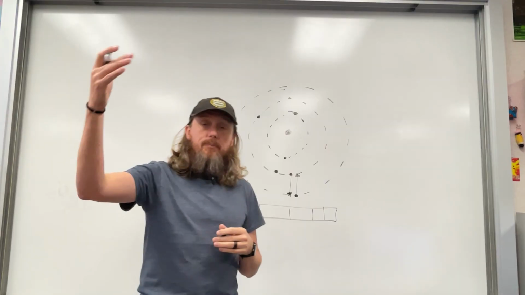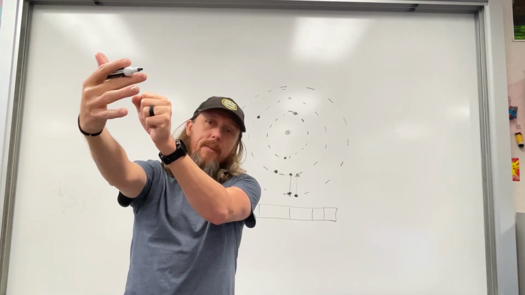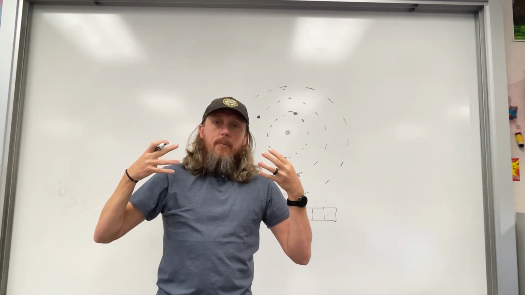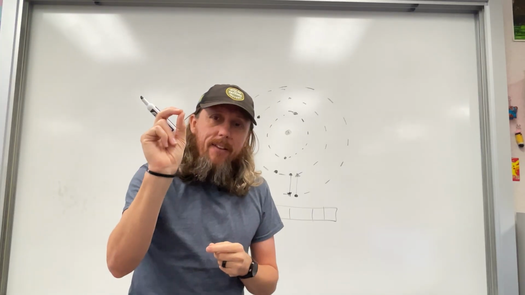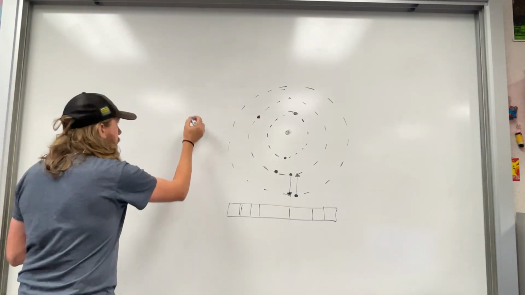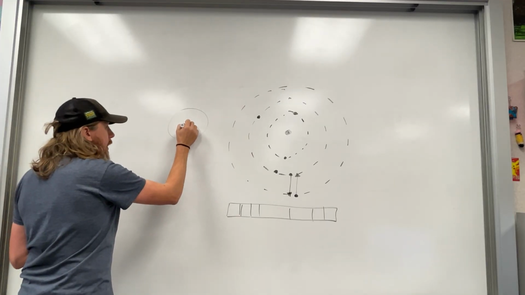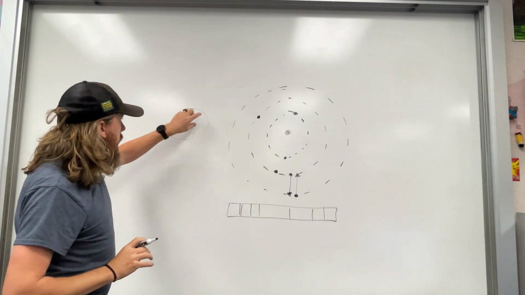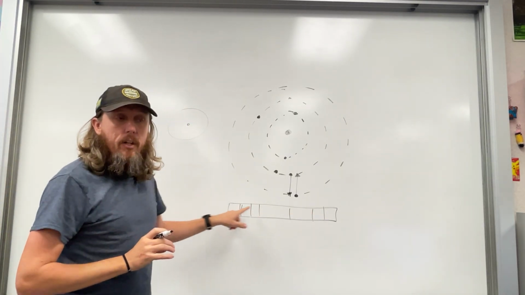So if we've got a star out there, and there's a planet right in front of it, a tiny little dot between us and the star, we can measure all of the light that's coming from the star and get what colors are available.